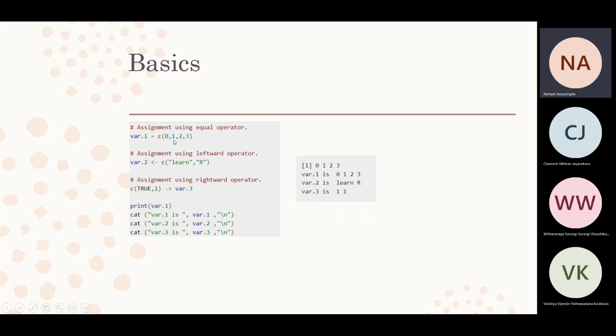So when we write something like this, this var1 variable will include an array of characters. Since we have written c here, it will be characters. So there will be an array of characters included in this variable, right? We also have another type of assignment using the leftward operator. We can also assign values using this operator.